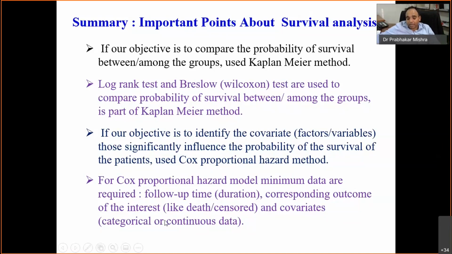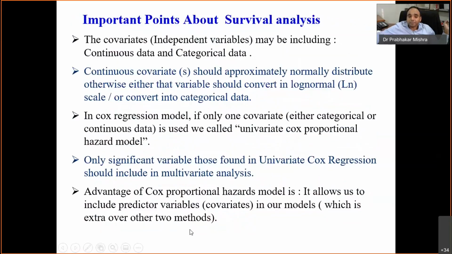That independent variable may be categorical or continuous data. Covariate independent variables may include continuous data, categorical, any type of data we can include as independent variable. Continuous covariates should be approximately normally distributed.